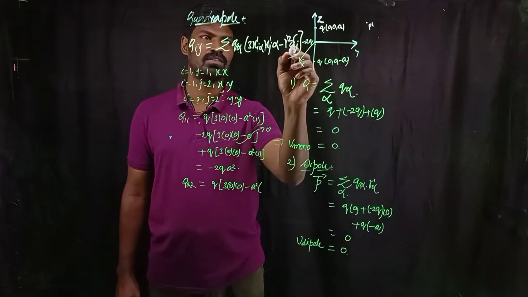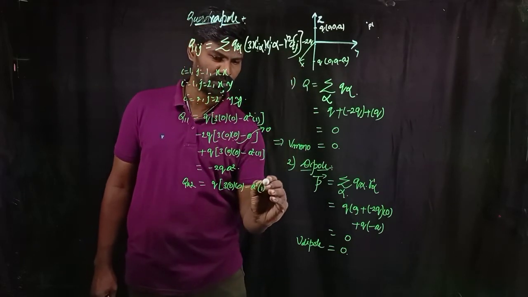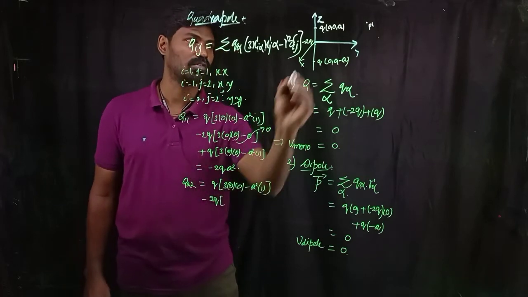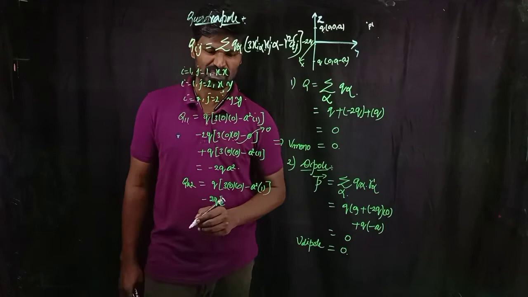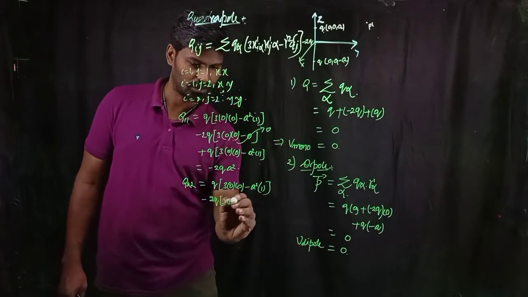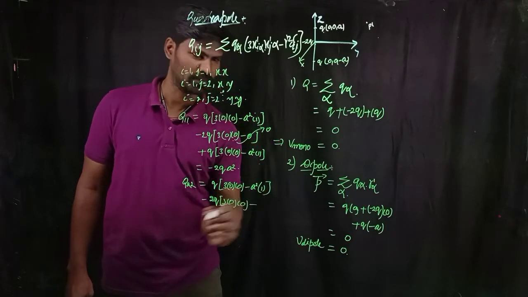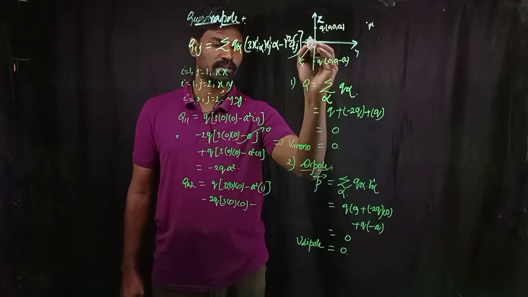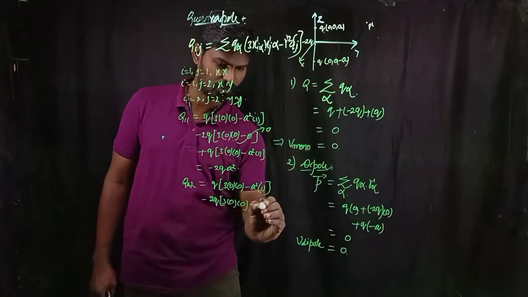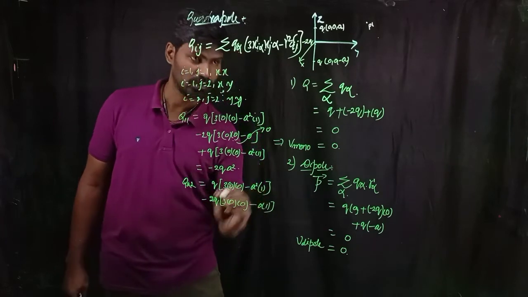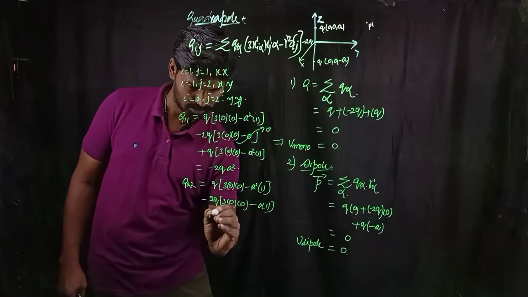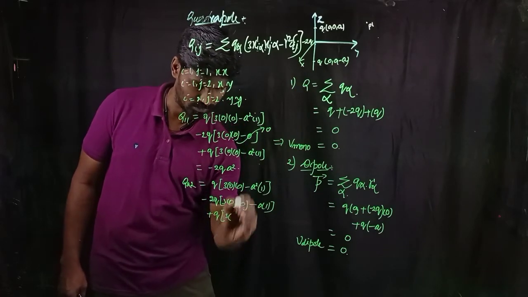When i is equal to j, delta ij value is 1 only, so minus 2q into, when alpha equal to second charge you take 3 into, altogether this term is 0, because the distance of this charge is 0, so 0 into 1. Next alpha equal to 3 means the third charge, plus q into 3 into y.